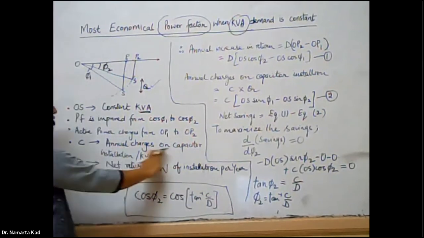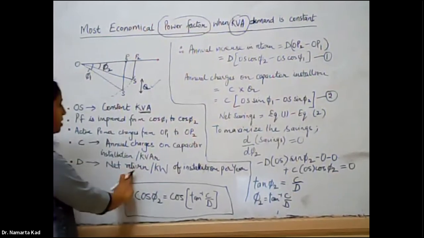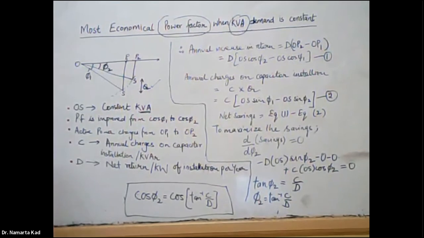C is the annual charges on capacitor installation, and D is the net return per kilowatt of the installation.